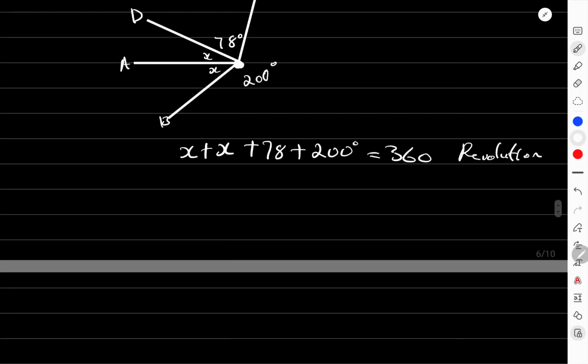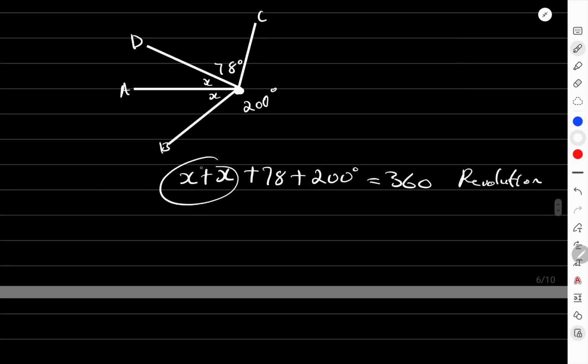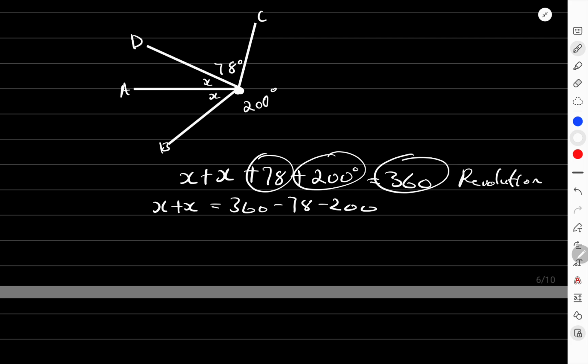Now, since I know the reason is going to be a revolution, these two are like terms. Therefore, I'm going to have x plus x equals 360 minus 78 minus 200. The 78 was positive on the left hand side. I group my numbers together, but the 78 is positive, so it's going to be negative.